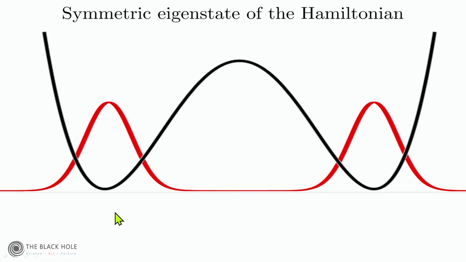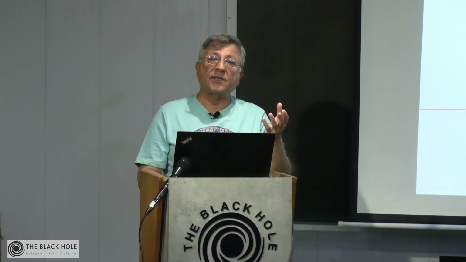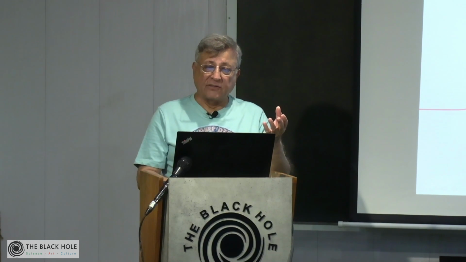Now, here is the symmetric eigenstate. Here's the anti-symmetric. Now, the anti-symmetric has got a node. That is to say, it has to cross zero somewhere over here. Because it has to cross, it has to have a little bit more energy than the symmetric eigenstate.